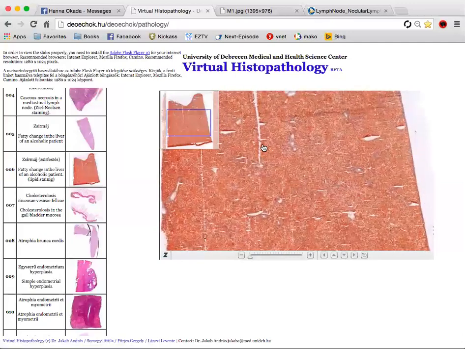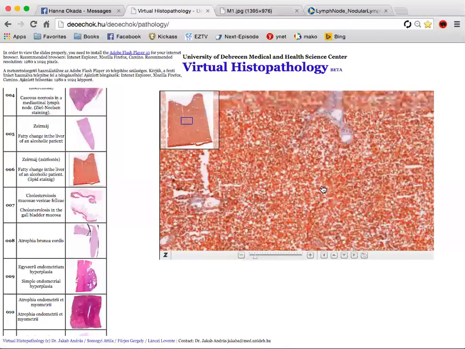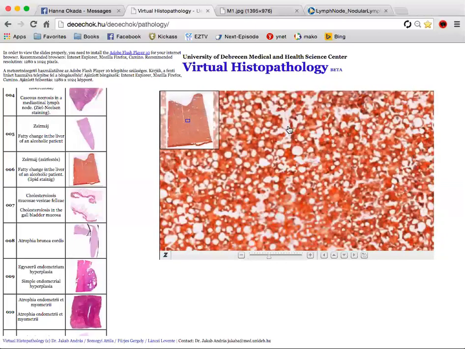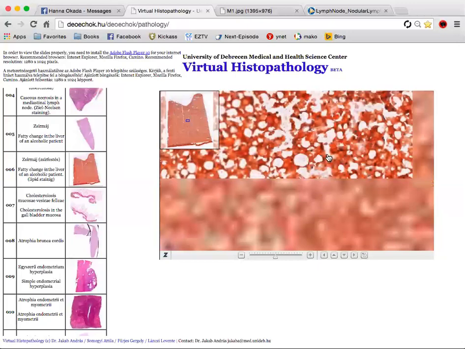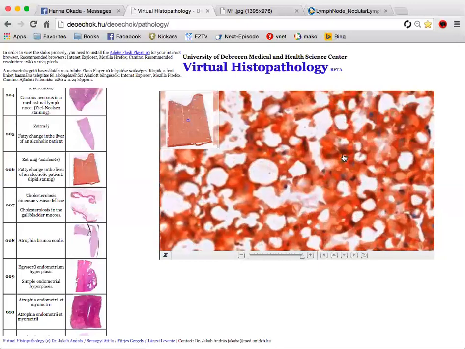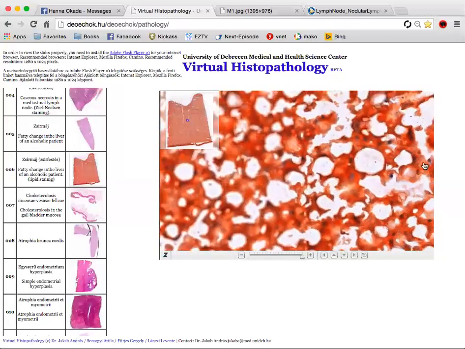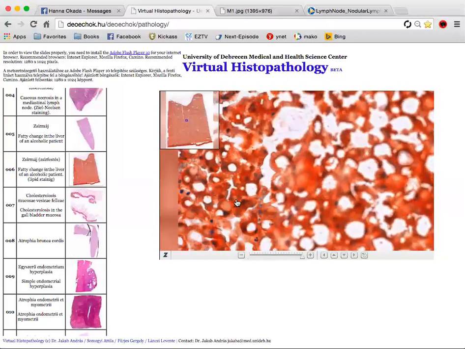Okay. So I'm going to zoom in, and what you're going to see is that it looks pretty much like the other slide, and that's why I'm saying that it's a bad preparation, because what it was supposed to do was keep lipids in here, and they would have stayed colored. But you see that it's empty just because it wasn't prepared correctly. Okay.